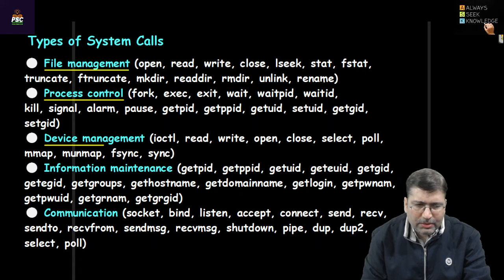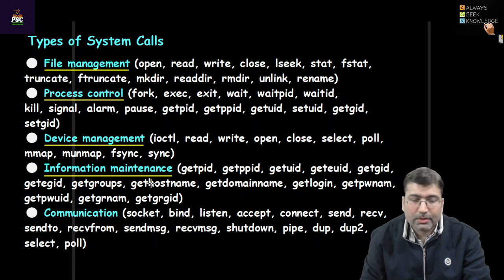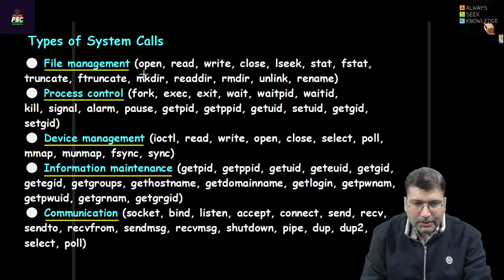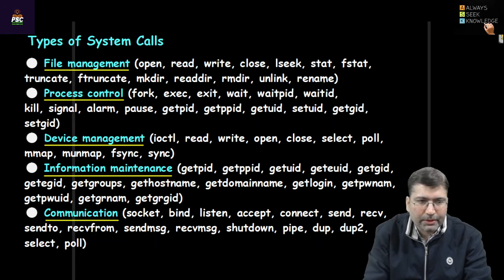There are device management related system calls also. Then information management maintenance related system calls also. And then communication, like interprocess communication or network related socket programming or something, if you want to do, there are separate category of system calls, right? So for this session we are focusing on the system calls related to file manipulation.